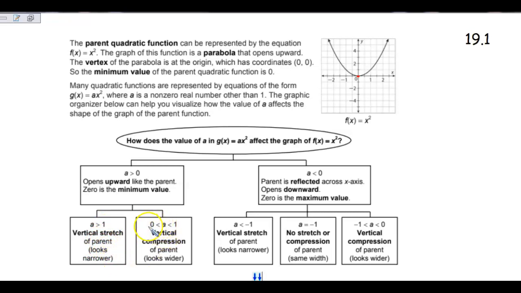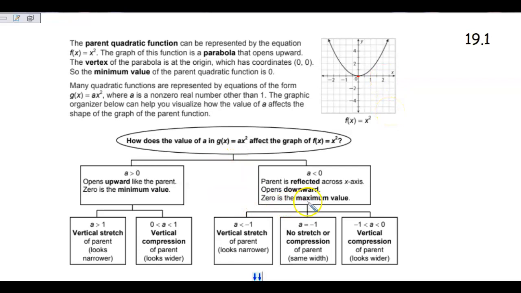If a is between 0 and 1, then it looks wider. So if it's a fraction or a decimal of any kind, it'll be wide. Okay. If a is less than 0, it's reflected across the x-axis, and it would be going downward here.